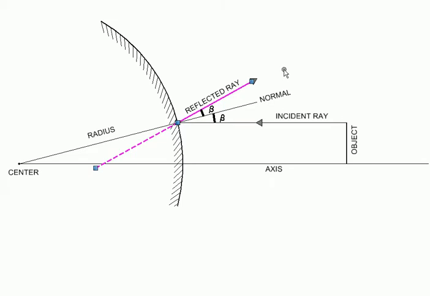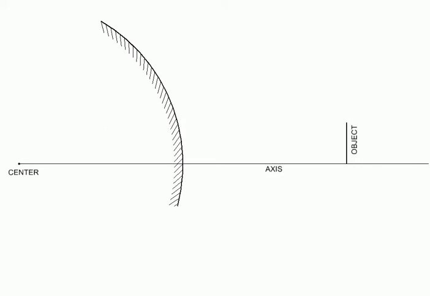Where exactly on that line? To figure that, we need one more ray. So let's take one more ray. This time we will take it so that it passes through the center. So this ray is going radially towards the mirror. But we have seen the radius is nothing but the normal. So this ray is coincident with the normal, makes zero angle with it, and therefore even the reflected ray will make angle 0 with it.